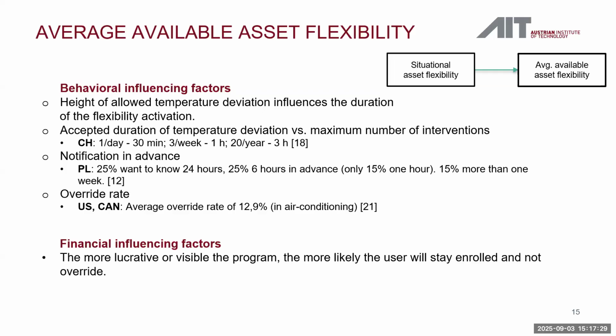If the discomfort is too high for users, they always have the option to override the activation. And we have some data from the US and Canada here for air conditioning, but there's an average override rate of 13% of events. And the range of this is quite wide. Just the average is at 13%.